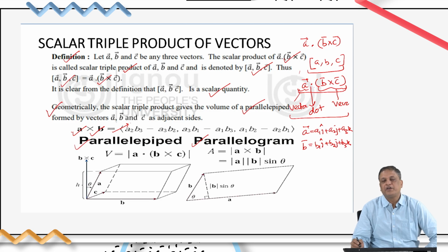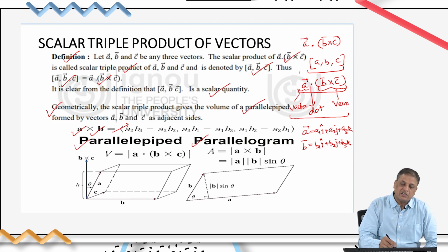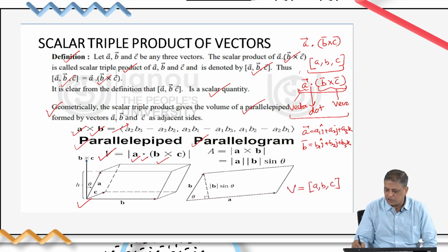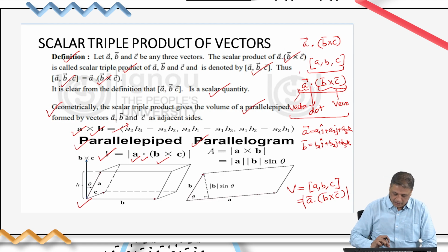We had already deduced this expression in our earlier discussions, but the understanding is that the volume of the parallelepiped shown here will be represented by the magnitude of the triple product A dot B cross C. So, volume is given by [A, B, C], the scalar triple product A dot B cross C. The magnitude of this represents the volume of the parallelepiped.